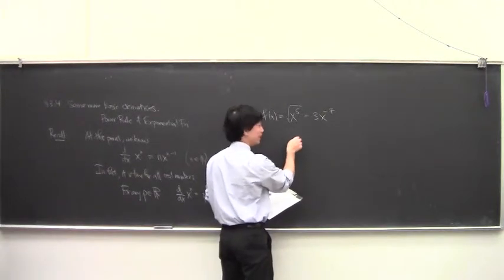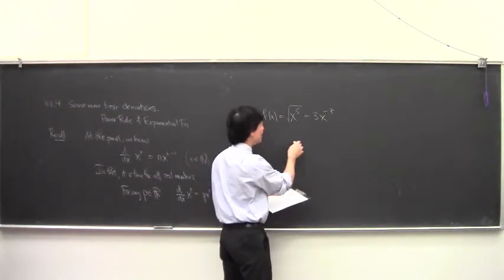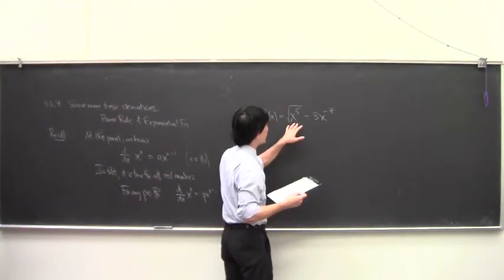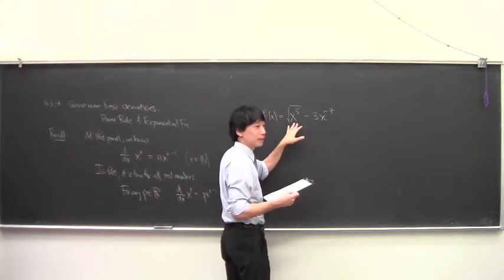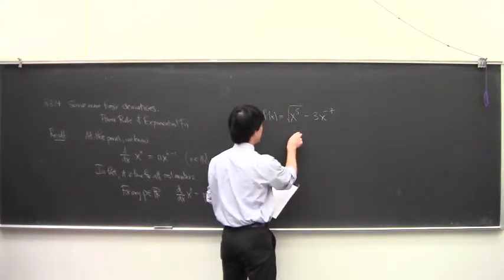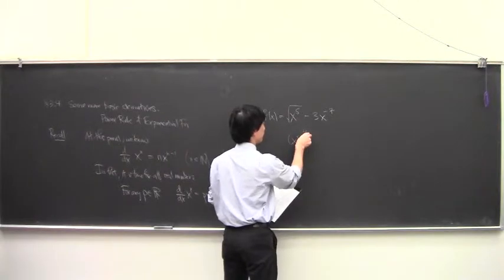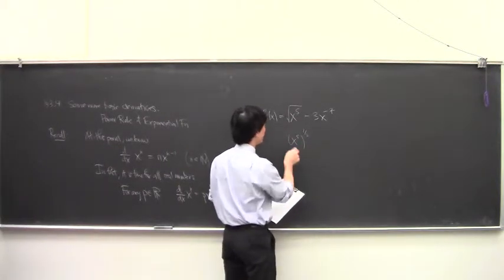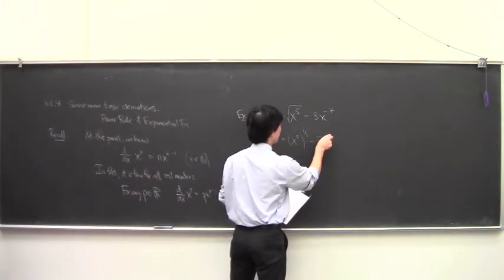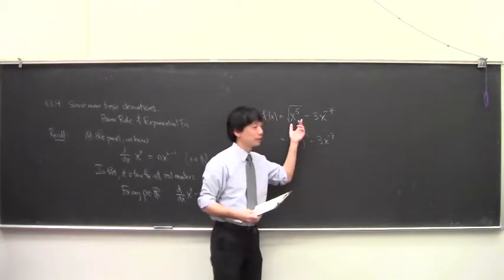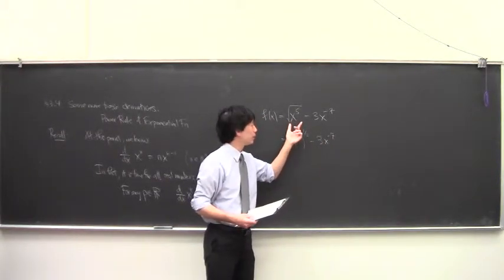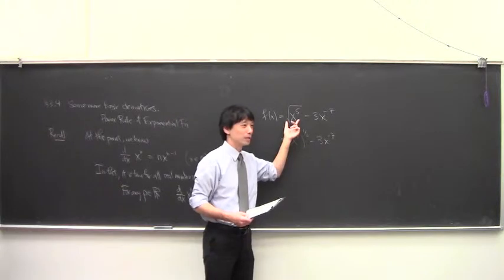So here you've got the square root of x to the 5th. So that's the square root of x to the 5th. It's just a matter of disguise, basically.